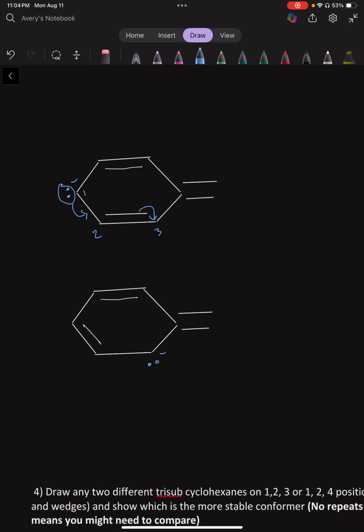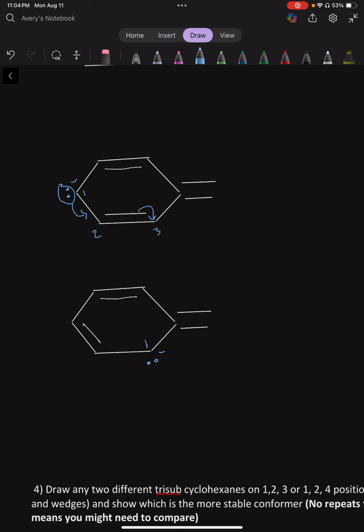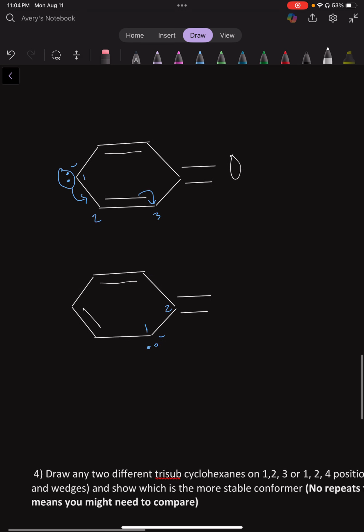If we were to do this again, it would be 1, 2, oops, forgetting our little oxygen over here, and then 3. And this repeats. The 3 cannot go here because there is no pi bond there. So the 3 must go back to the oxygen where the pi bond is. So these lone pairs form a pi bond, and this pi bond breaks to create more lone pairs on this oxygen.